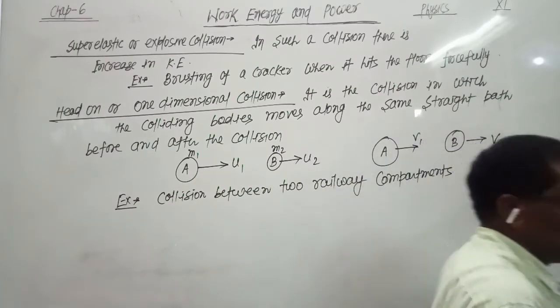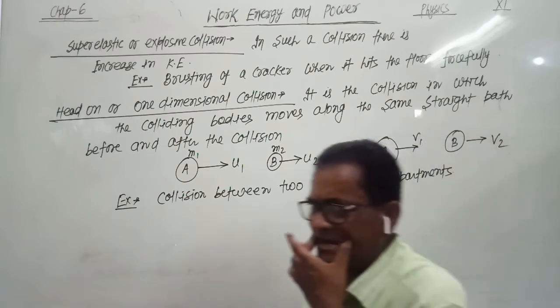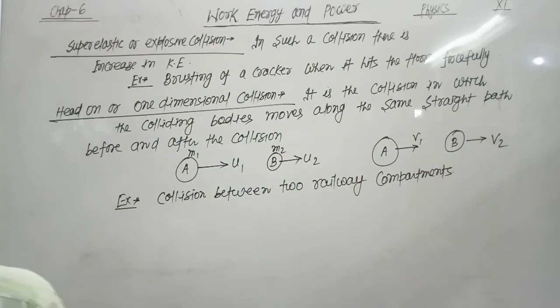Collision between two railway compartments is an example of head-on or one-dimensional collision. So in one-dimensional collision, if the colliding bodies move along the same straight path before the collision and after the collision, then such type of collision is called head-on collision or one-dimensional collision.